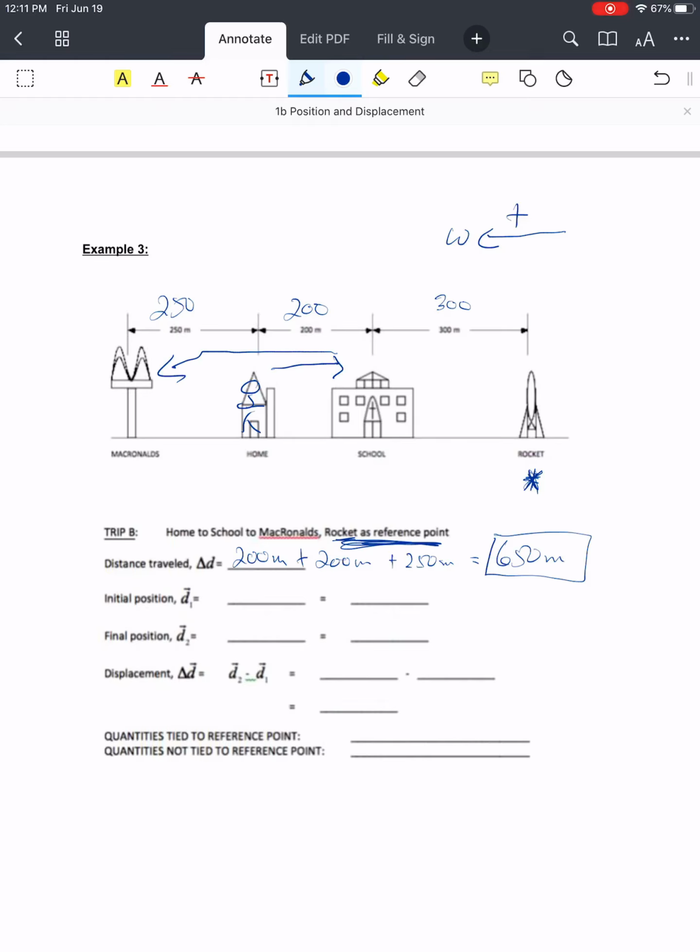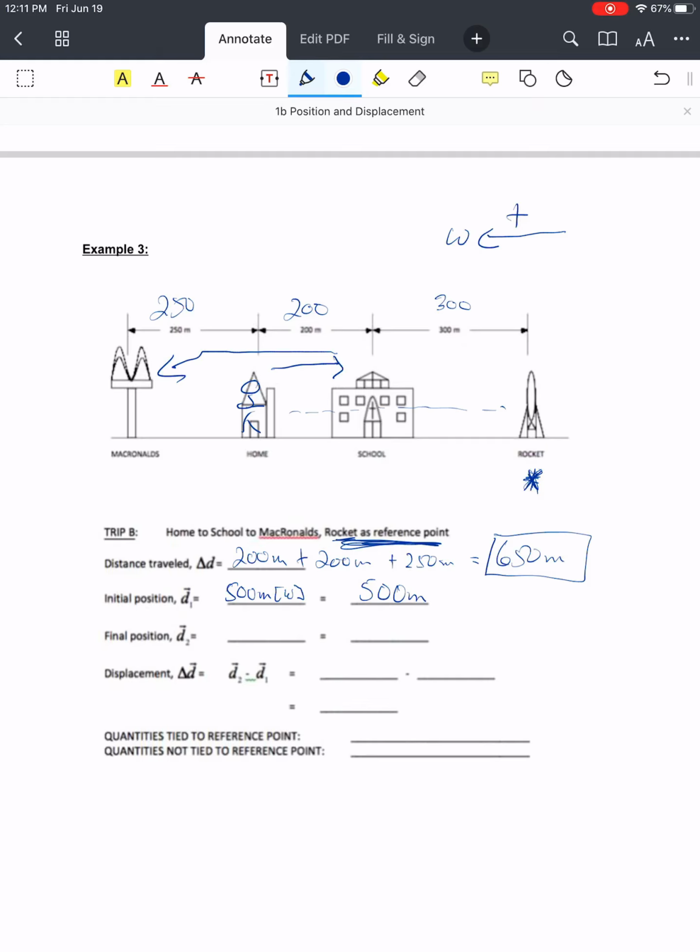Well, I am 500 meters west of my reference point. My reference point is my rocket. Now remember, we can't actually deal with west. So we have to convert this into a number that we can actually use for a calculation. West I put as positive, so it's going to be positive 500 meters.